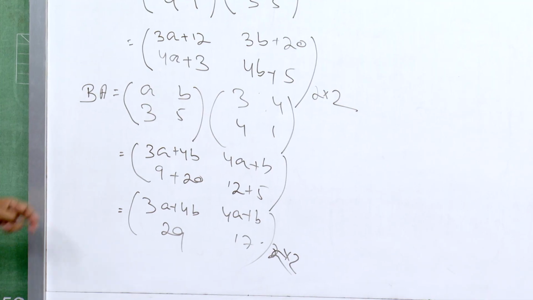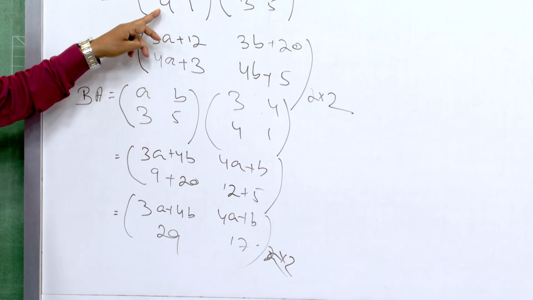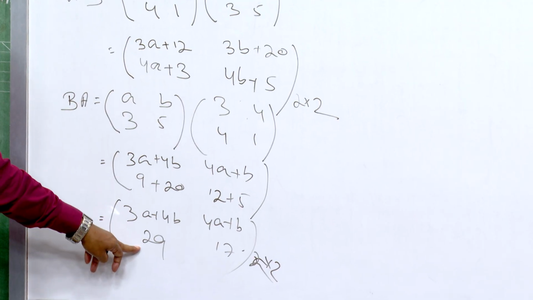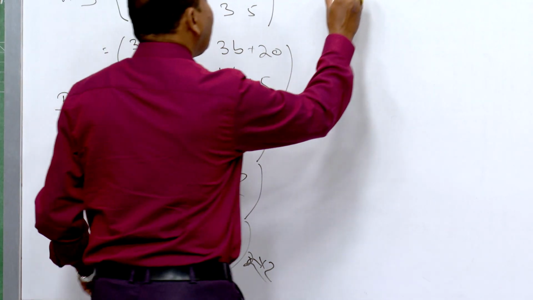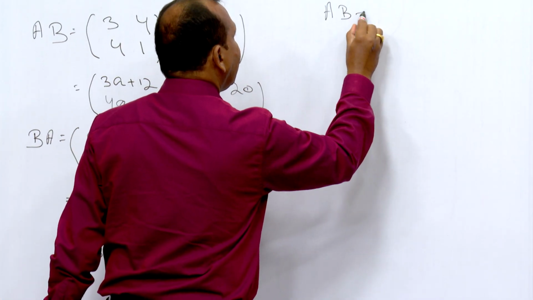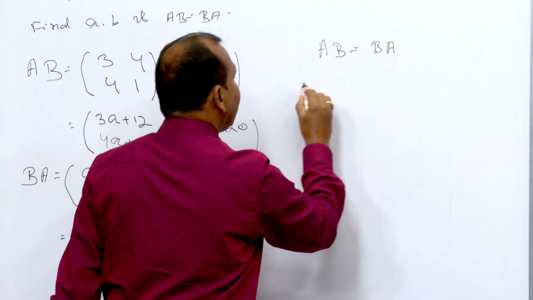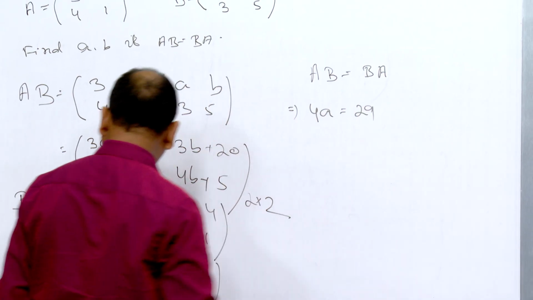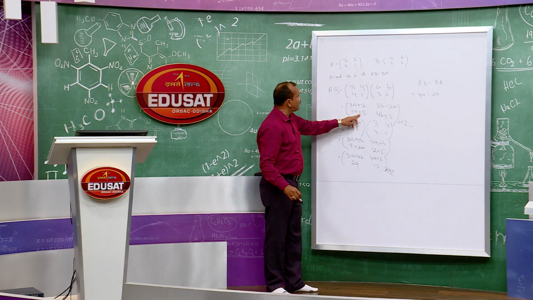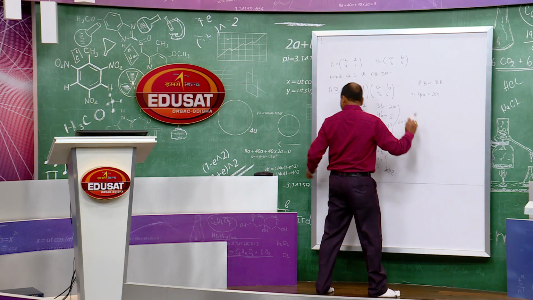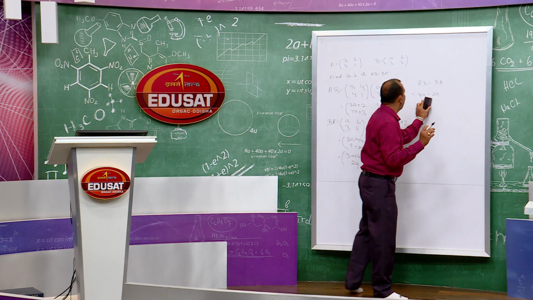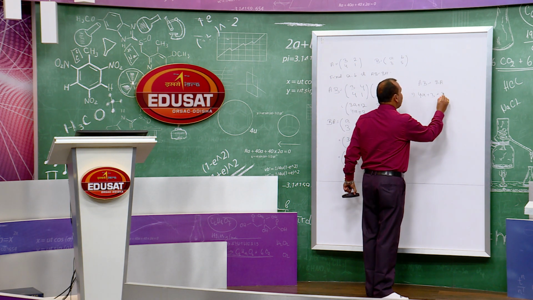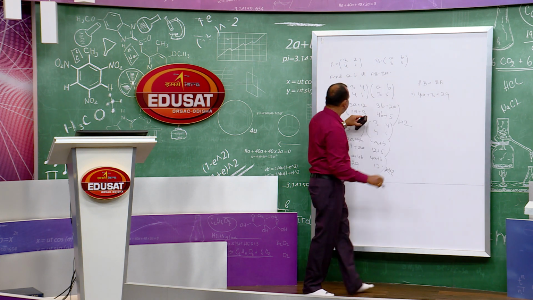Corresponding elements means the second row and first column: 4a plus 3 is equal to 29.